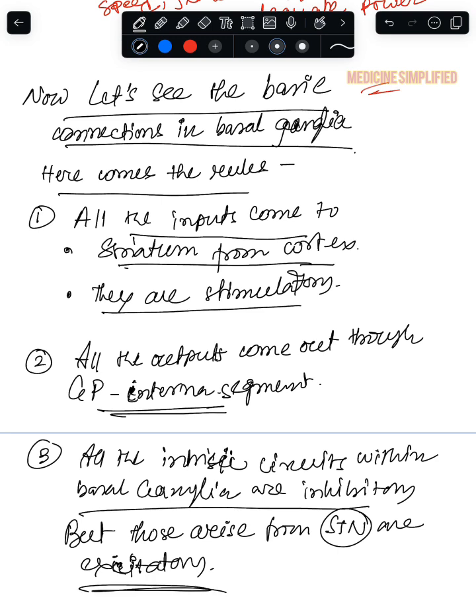I hope you remember the 3 rules before we go into the connections. Number 1, all the inputs come to striatum from the cortex, they are stimulatory. Number 2, all the outputs come out through globus pallidus interna segment. And number 3, all the intrinsic connections within basal ganglia are inhibitory in nature except those arising from subthalamic nucleus, they are excitatory.